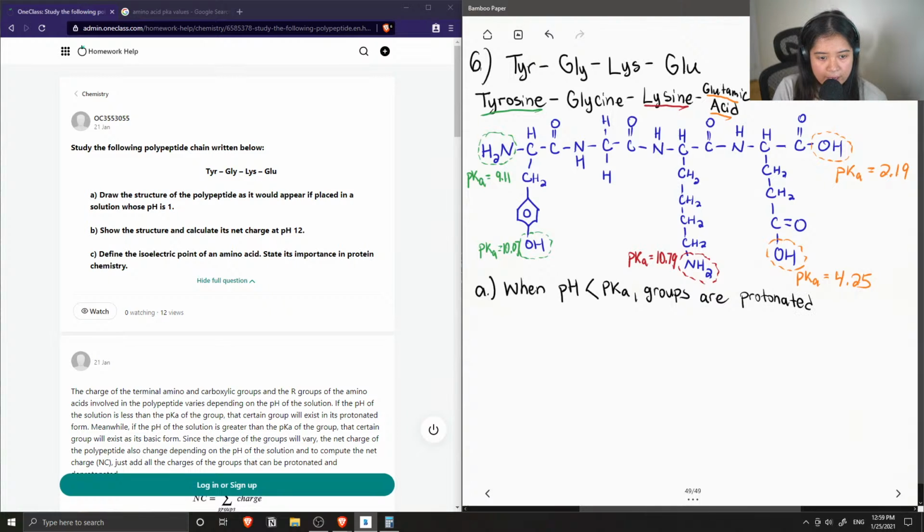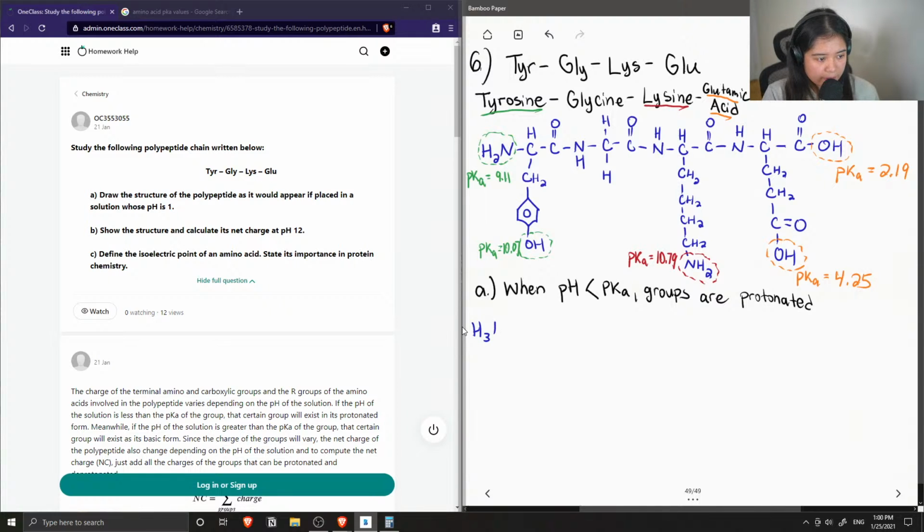So every time we have our alcohol groups, that just means that they'll have their hydrogen on. And when we have our amine groups, that means that they'll have an extra hydrogen bonded to the group. So now let's try to draw out what this chain would look like. Notice that all of these pKa values are greater than the pH equal to 1. So they're all going to be protonated.